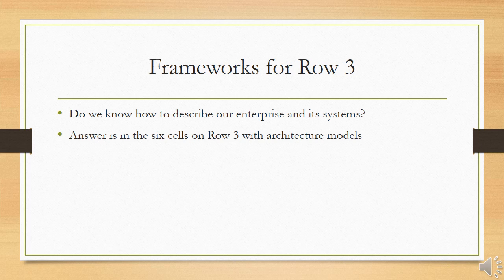From an international perspective, there is a standard and universally applicable row 3 framework. This framework is jointly standardized by the International Telecommunication Union and the International Standards Organization. It is the Reference Model for Open Distributed Processing, RM-ODP.